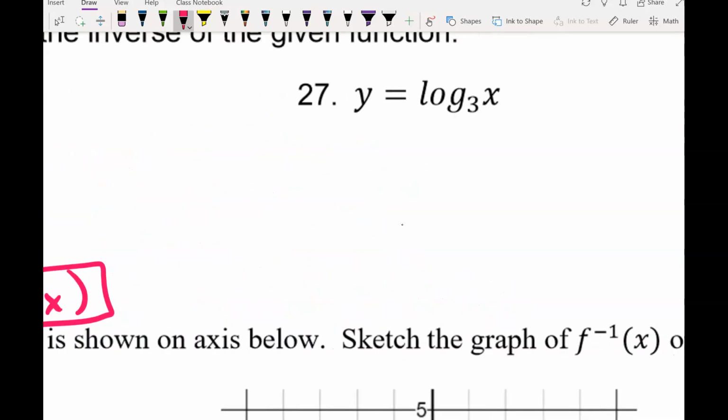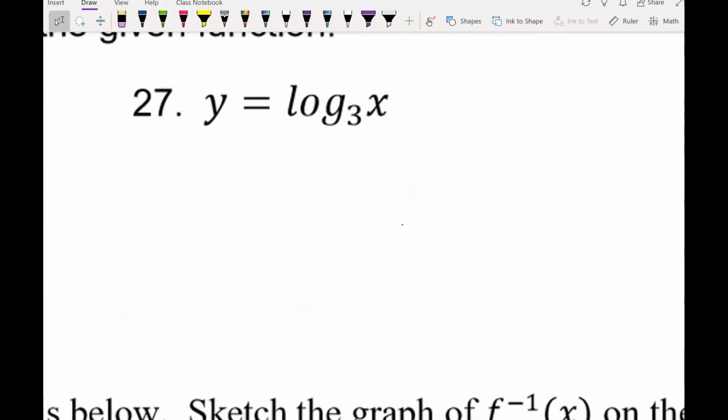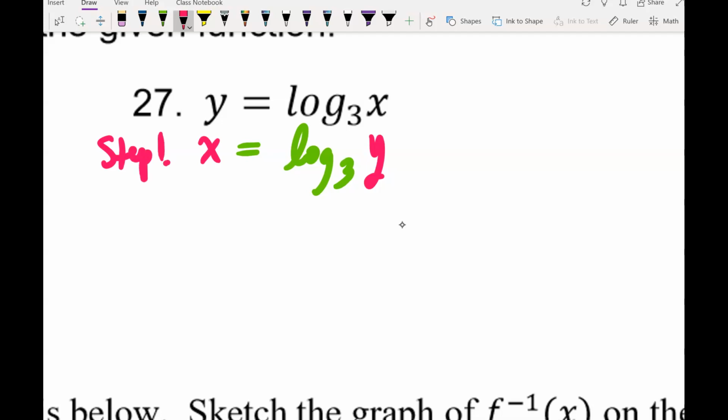All right, moving on to the next one. So step 1 in finding the inverse, switch the x, switch the y. We have x is equal to log base 3 of y. I'll write this was step 1. Step 2, solve for y. How do I get y by itself if it's part of a log?